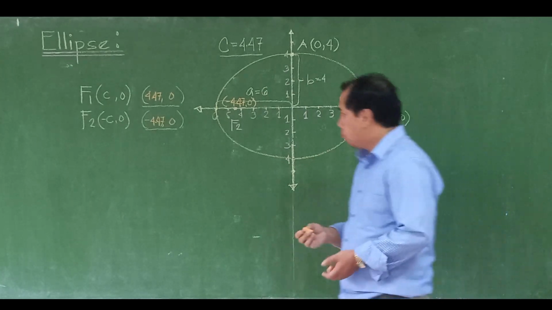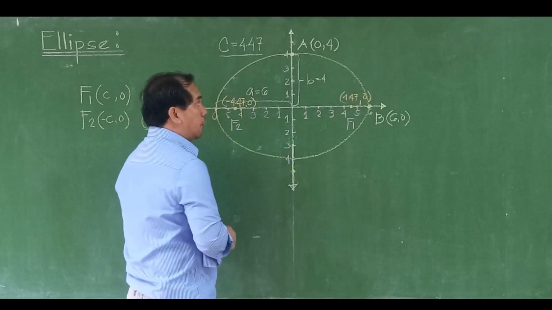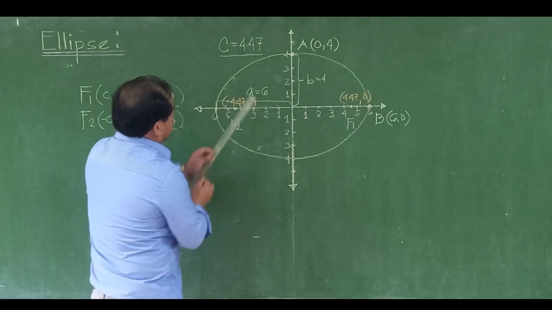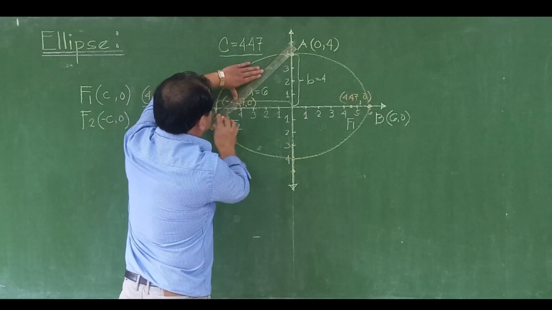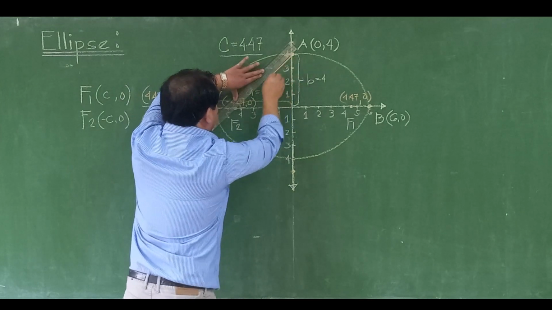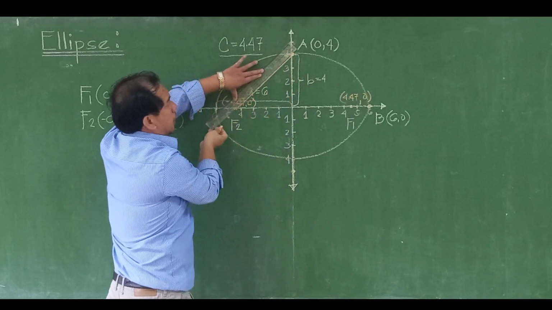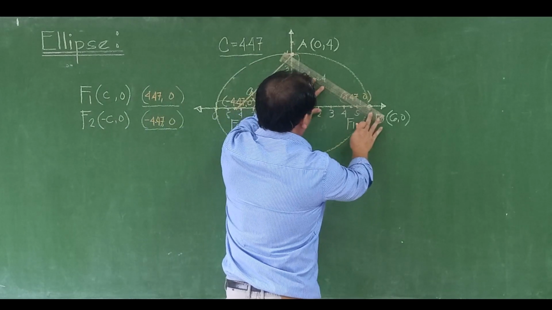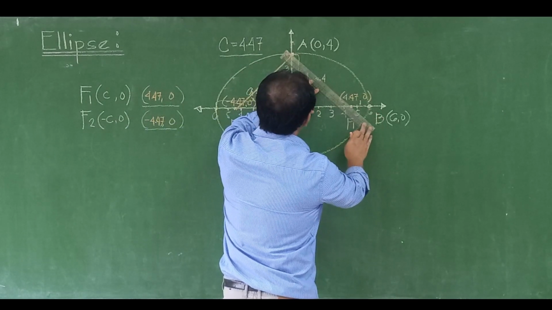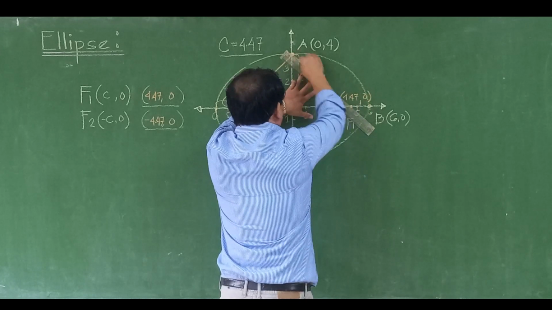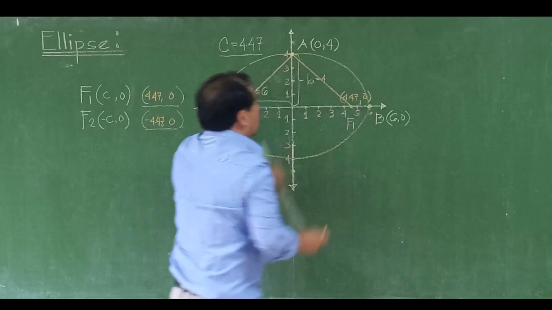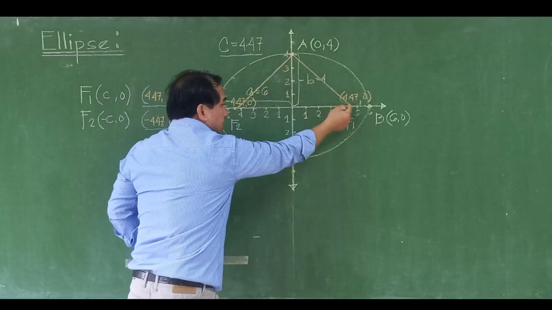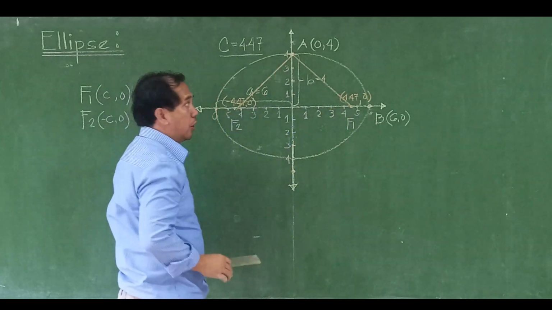Now, if we connect the point A going to this one, and that must be connected to the focus 2, the result of this distance plus this distance is actually constant.